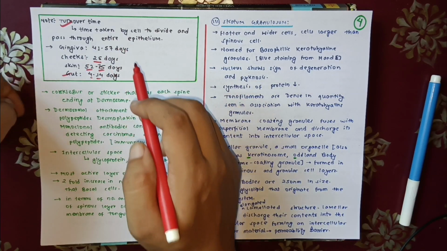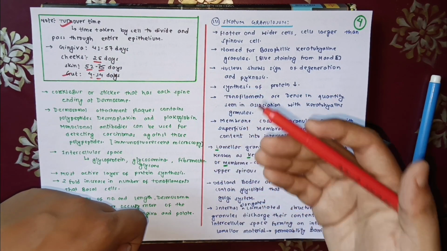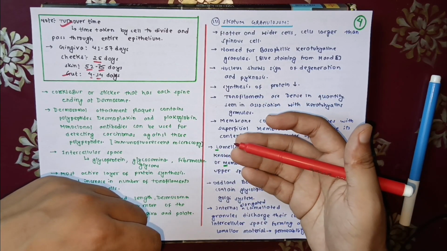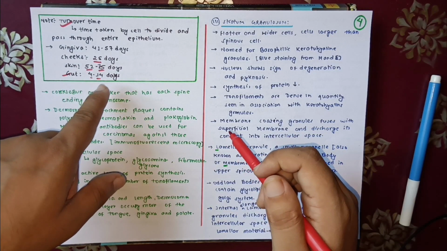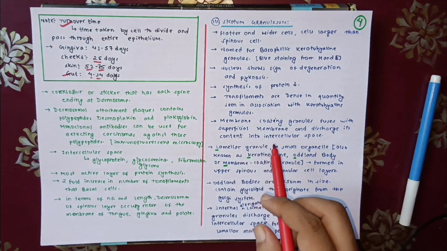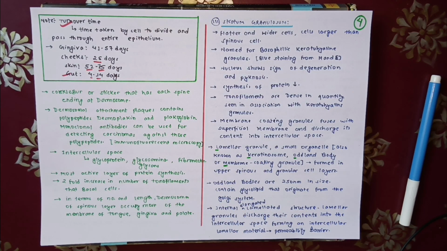So just remember, turnover time is the time taken by a cell to start division and pass through the entire epithelium, and there are different turnover times at different places in the oral cavity and also in the body, in the skin, in the gut.